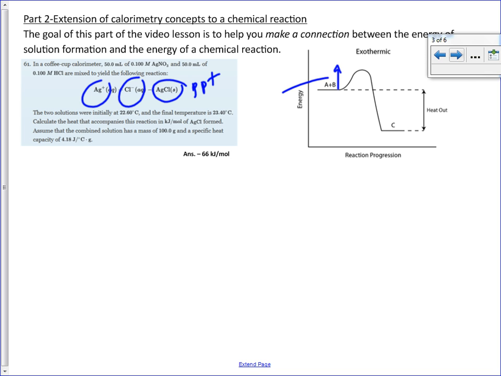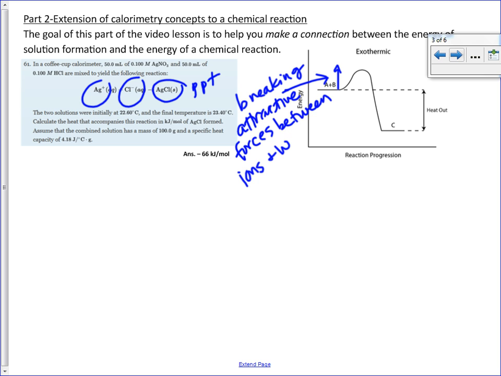So this step right here involves breaking the attractive forces between the ions and the water. And that's going to be endothermic. That's why you're going up the hill. That's also known as the activation energy for this chemical reaction.